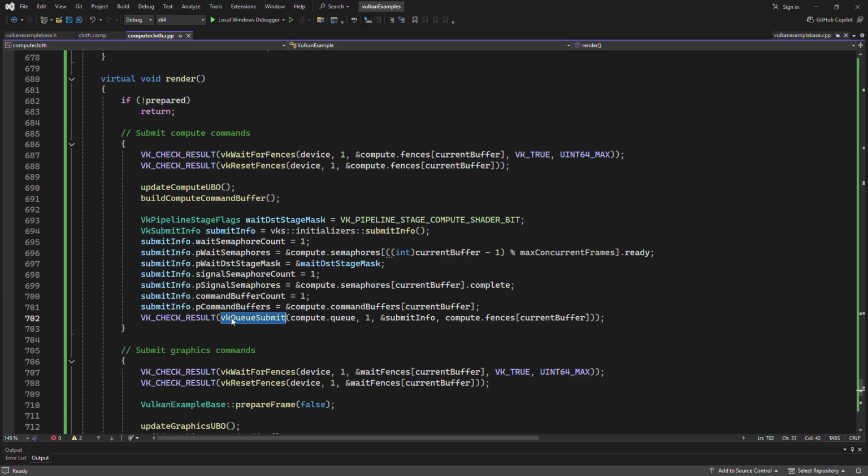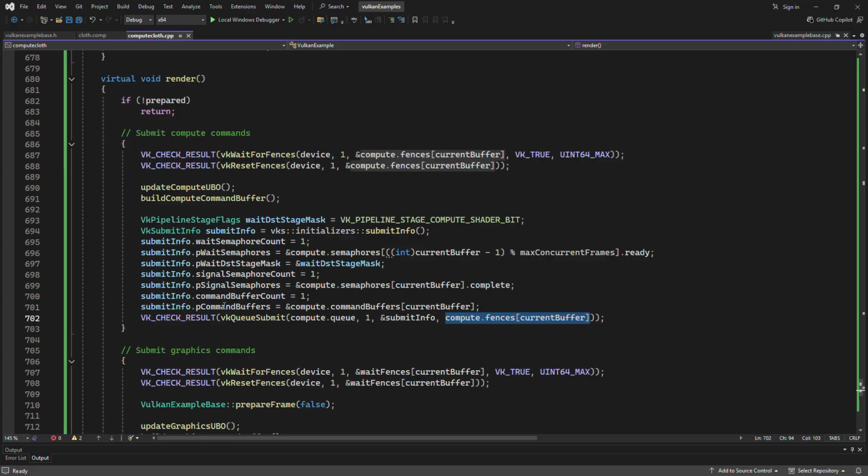Okay, so VK submit, lowercase VK. As you guys know, anytime you see a lowercase VK function in Vulkan, it's serious business, right? We're actually doing something in Vulkan. So we're submitting with vkQueueSubmit. We're submitting this work now to the GPU, but notice that we explicitly outline the fence for this process, okay?